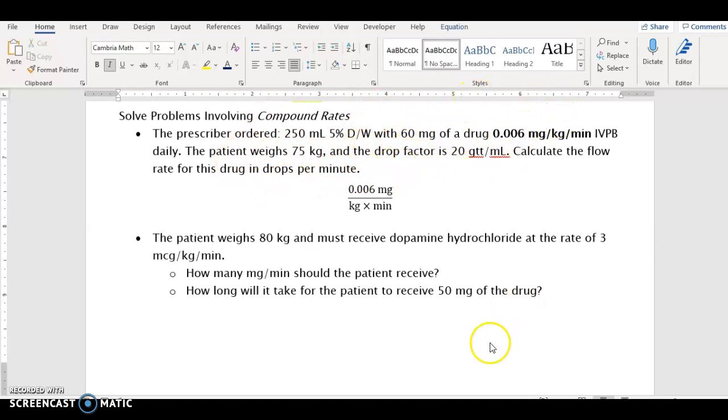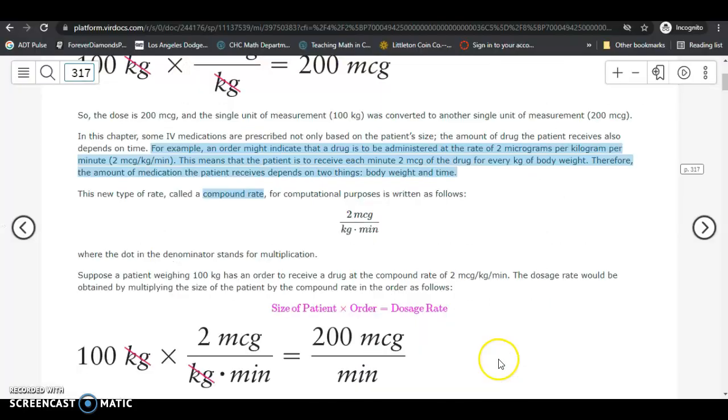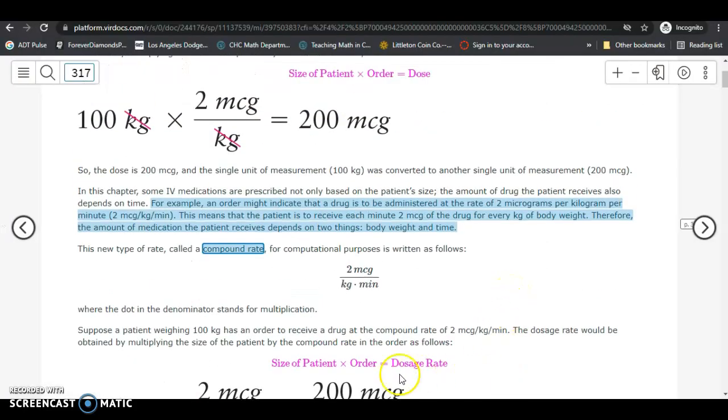The basic idea with a problem like this is that we're using the formula: size of patient multiplied by the rate. The compound rate given in the order is going to be equal to the dosage rate. It's very similar to a previous formula which said that the size of the patient times the order is equal to the dose.